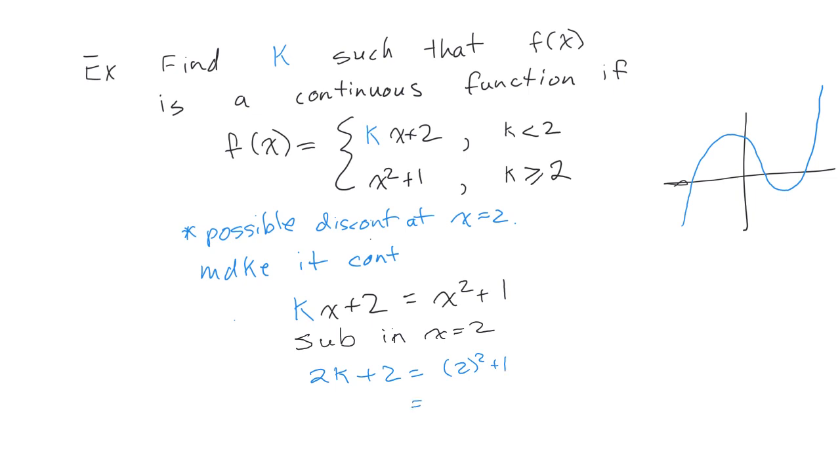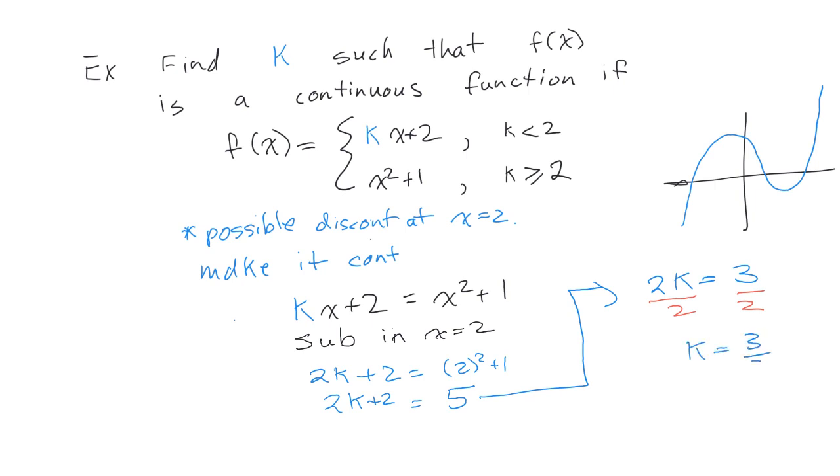The right side ends up being 5. The left side is 2k plus 2. When we finish, we end up with 2k is equal to 5 minus 2, which is 3. Then we divide both sides by 2, and we end up with k is equal to 3 over 2.